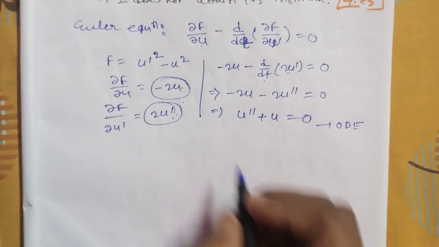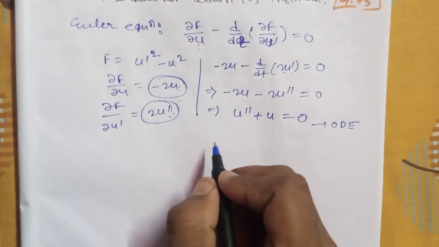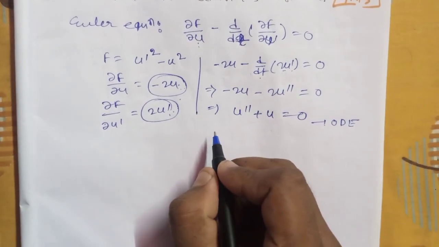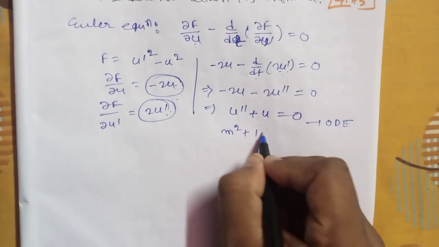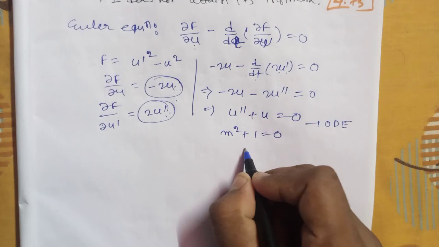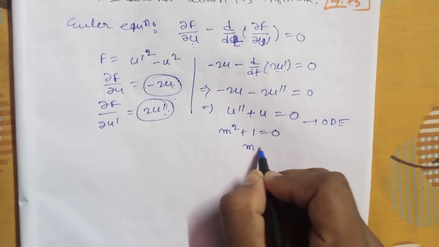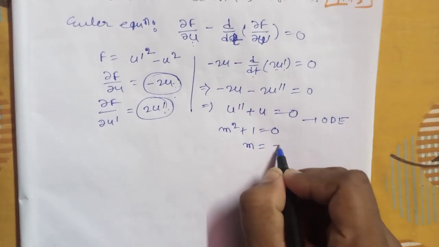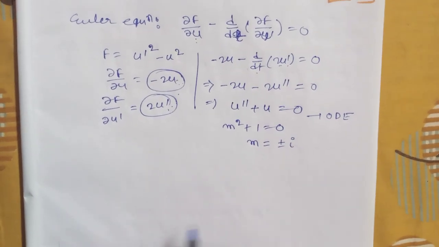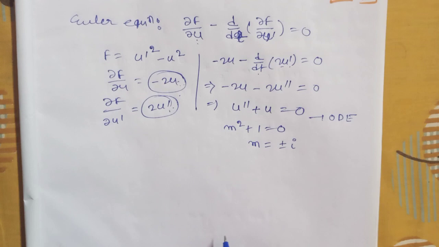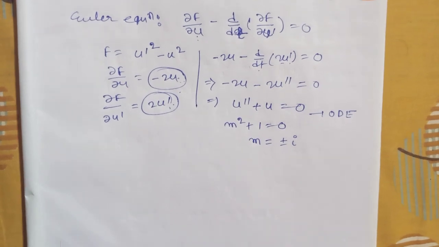So to solve, what do we have to do? We have to use the auxiliary equation, right? So the auxiliary equation will be m² plus 1 equal to 0. Then the value of m equals plus minus i. So using CF and PI, we have to do the solution, right?